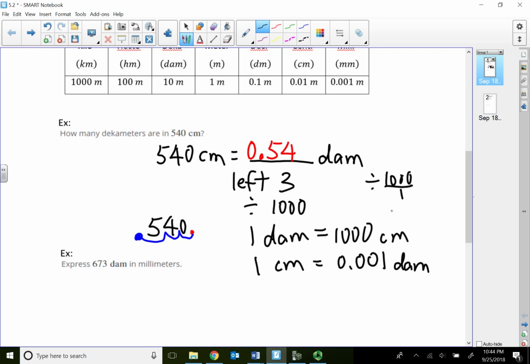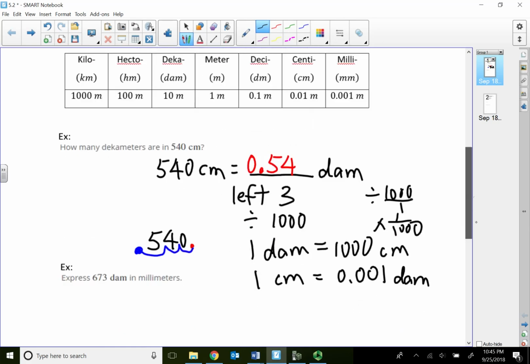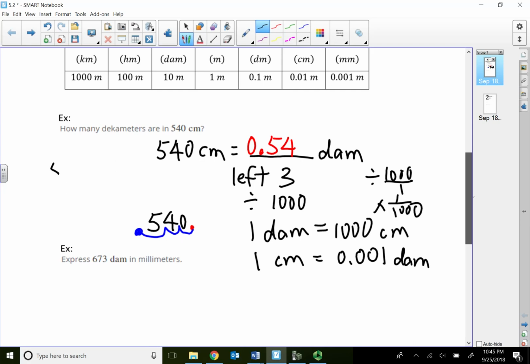When you take something divided by 1,000, that means divided by 1,000 over 1. Division by a fraction means times the reciprocal. That is basically what multiplying by a unit fraction means. Take the 540 centimeters over 1 times centimeter down here, put the decameter up here. So 1 decameter is equivalent to 1,000 centimeters.